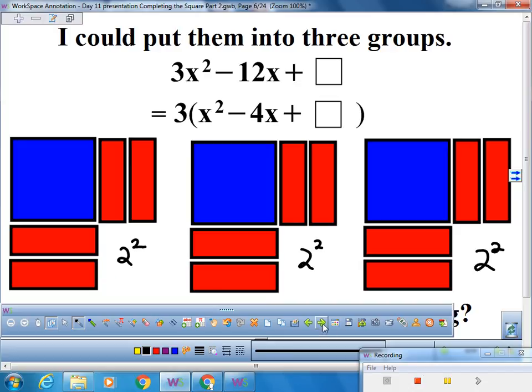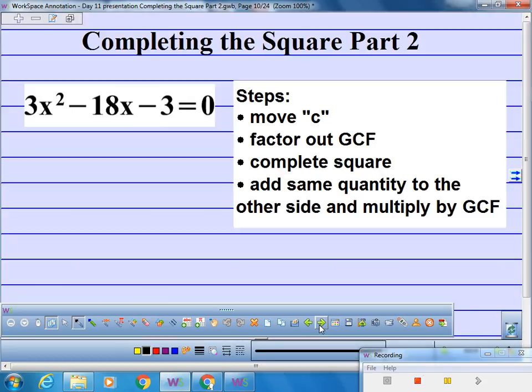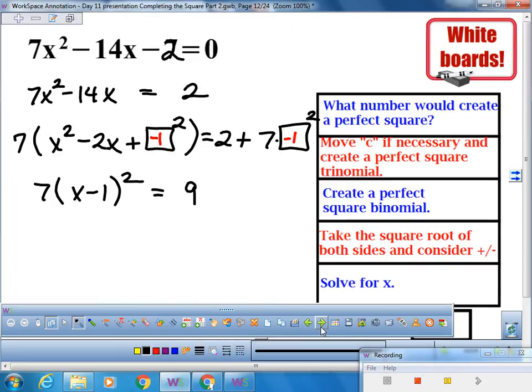Okay, we can talk about it in tutoring. I'm going to show the answer right now. Okay, so now I would divide both sides by 7. And I'd be left with x minus 1 squared equals 9 over 7.